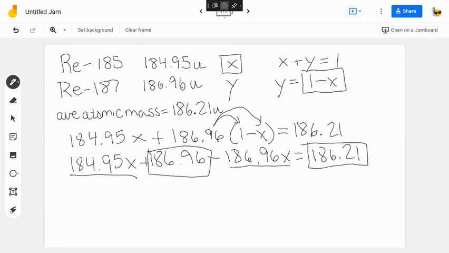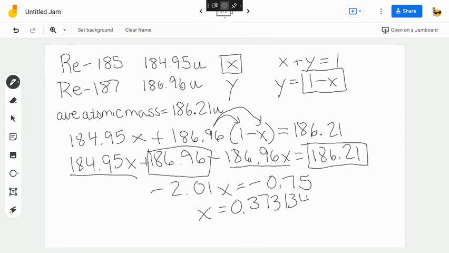So 184.95x minus 186.96x gives me minus 2.01x. 186.21 minus 186.96 gives me minus 0.75. In order to get the value of x, I'm going to divide negative 0.75 by negative 2.01, and I get 0.373134 in my calculator.